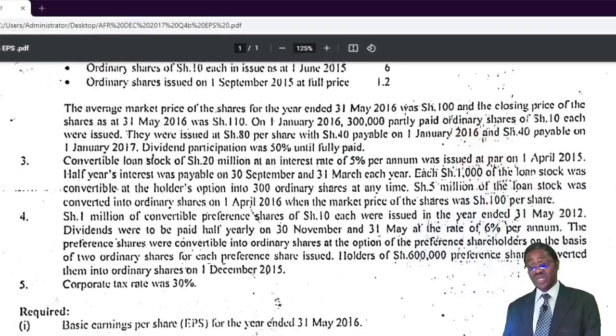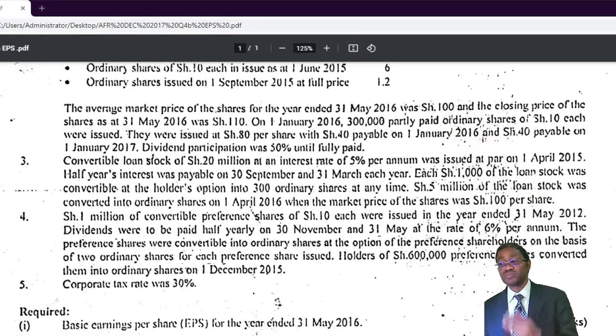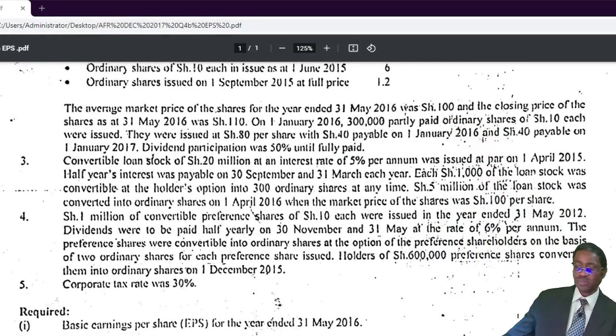We go to the last one, number 4. Number 4 again, we had a convertible preference, you remember? We began the year with 1 million shillings of the preference. Then on the last part, we were told 600 converted on 1st December 2015.